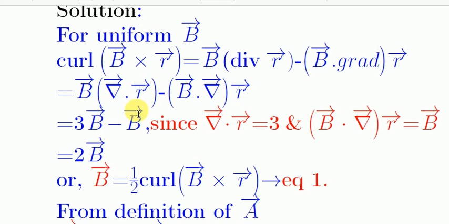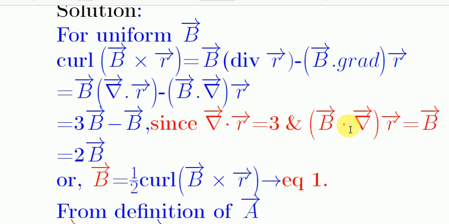In the next step, we can easily write 3B minus B, because from vector calculus we know that del dot R, where R is the position vector, equals 3, and B dot del operator times R equals B, where B is a constant vector, the uniform magnetic field.